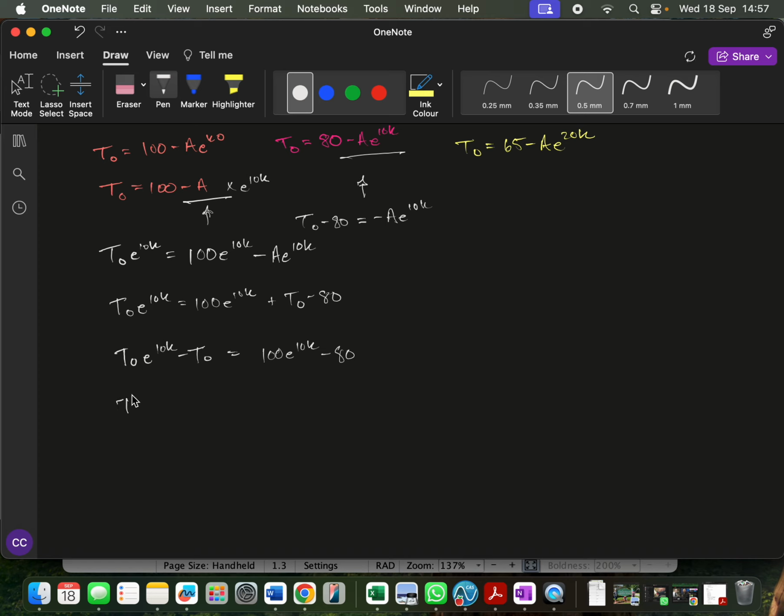If I divide out a T0, I get e to the 10K minus 1 is 100 e to the 10K minus 80. So basically what's going to happen with this is I've shown that I can solve this system of equations for T0.